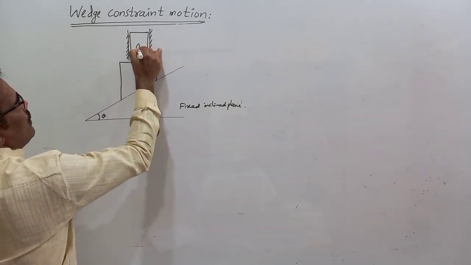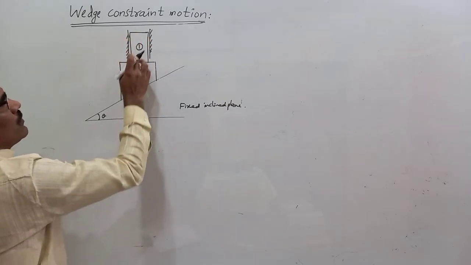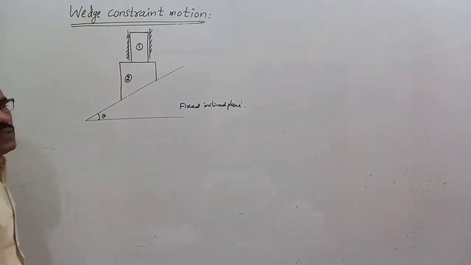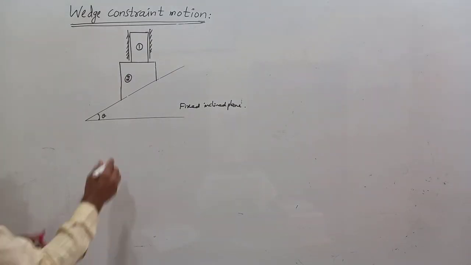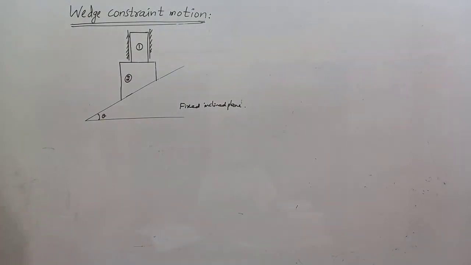So consider this wedge 1 or block 1, and here wedge 2. This is the block or wedge, or both are wedges, no problem. It is kept on a fixed inclined plane like this.